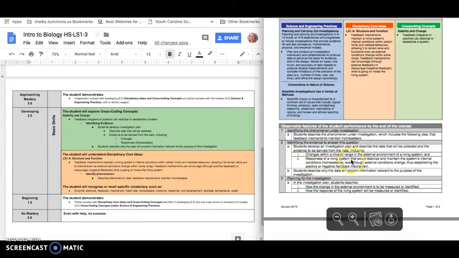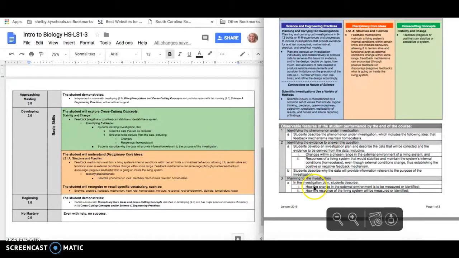And I've reduced all of that into this. The B section: students describe why the data will provide information relevant to the purpose of the investigation.